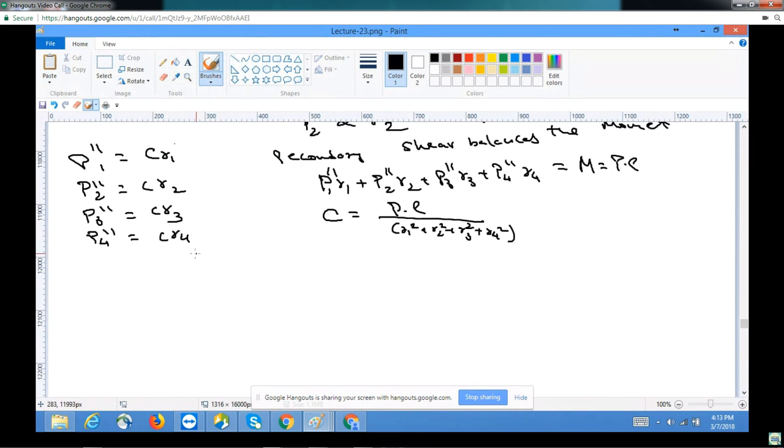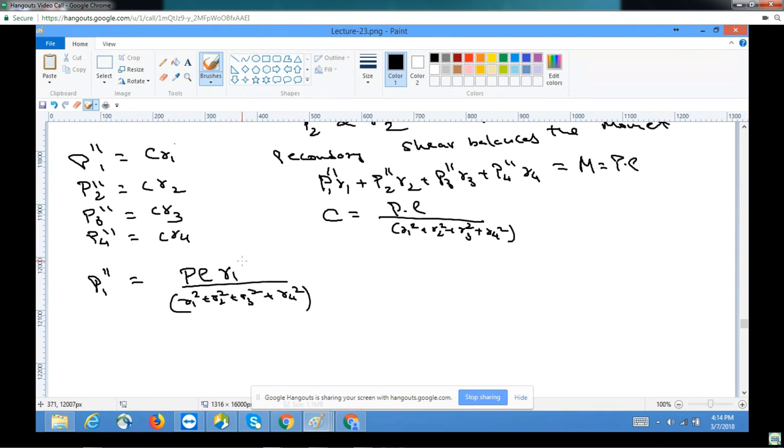Now once you know this C, you put it back in its place and you will get your answer. So P1 double dash is P E R1 divided by R1 square plus R2 square plus R3 square plus R4 square. Accordingly, the other things can be done.